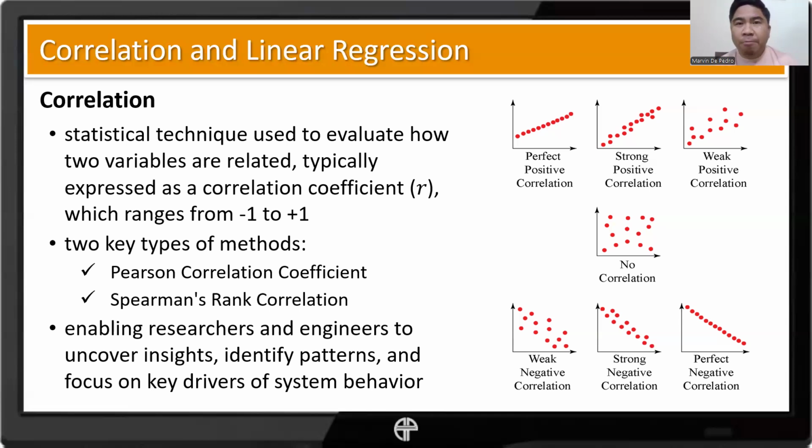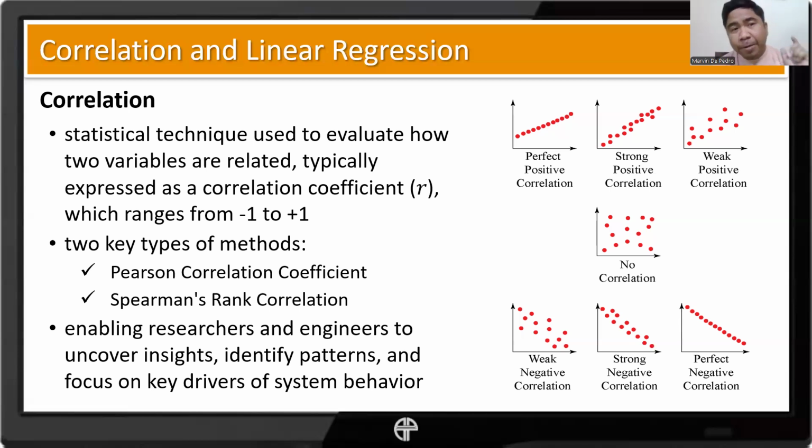So when we have things like a Likert scale, or our data is in terms of ranking or some sort of order, then we can no longer use the Pearson's correlation. Instead, we use the Spearman's rank correlation or the Spearman rho correlation.